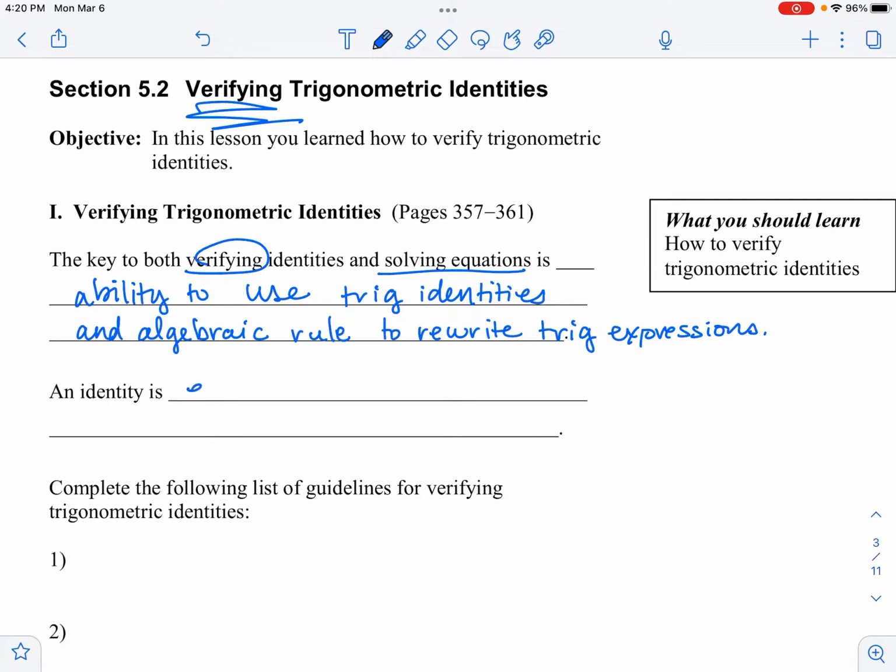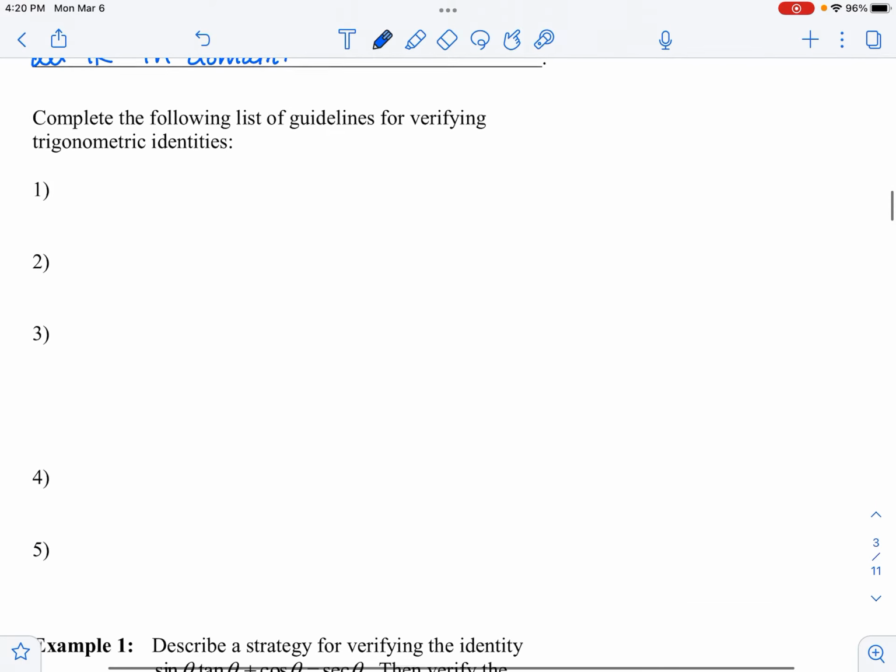An identity is an equation that is true for all real numbers in the domain. Okay, so it always works.